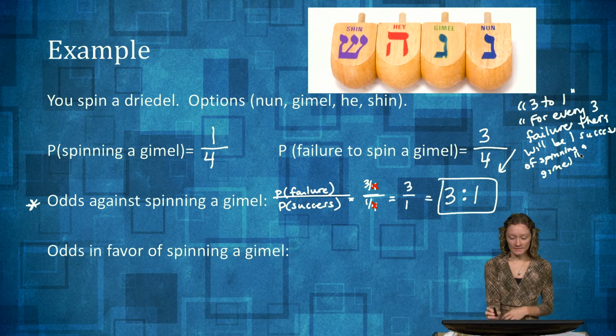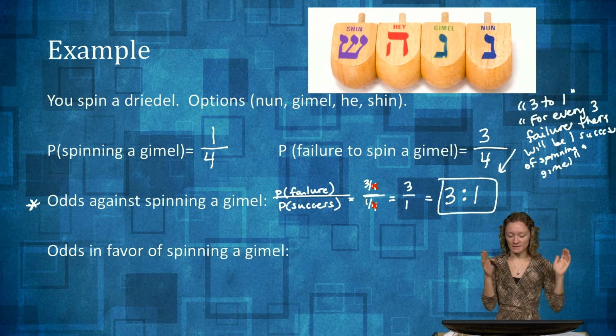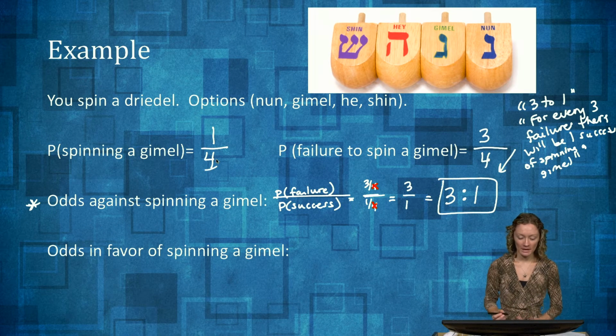So this is odds against, failure first, 3 failures, 1 success. It's a cycle: 3 failures, 1 success, 3 failures, 1 success. That's what you can imagine would happen if this experiment, spinning the dreidel, was done over and over and over. It's a cycle of 4, 3 failure, 1 success, which is the denominator we had, and that's to be expected.